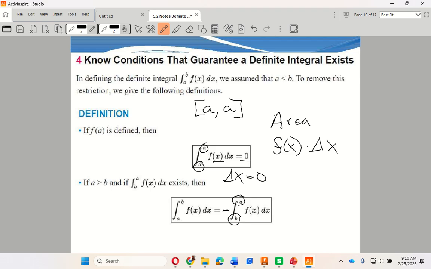All right, so the problem that I have, I'm going to take the integration from 1 to 1 of x squared dx. This is where we actually do the full area under the curve for this.